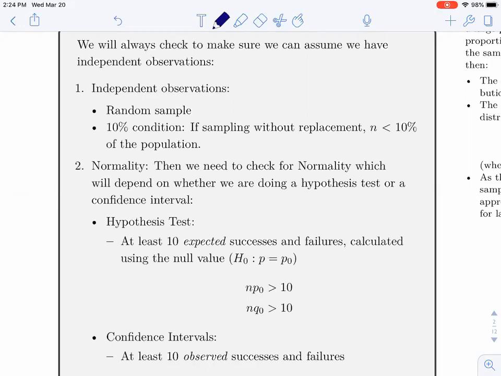The idea being, if you've collected too much of the population, then there's bound to be observations that are not independent of each other, right? And so for me, I would say if you're lucky enough to have a huge sample size, congratulations, just take it and run with it. Maybe say something like, it's possible that the 10% condition is being violated, right?